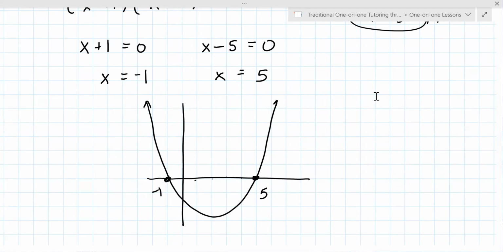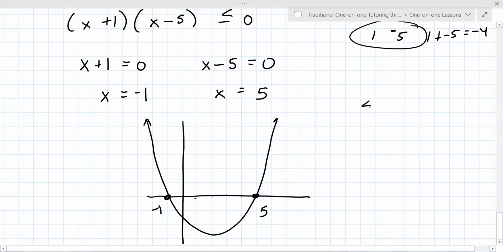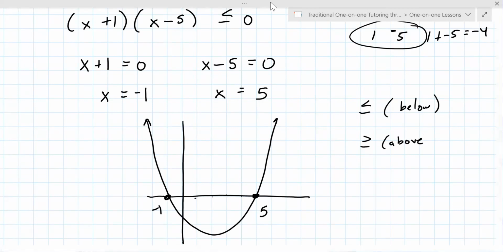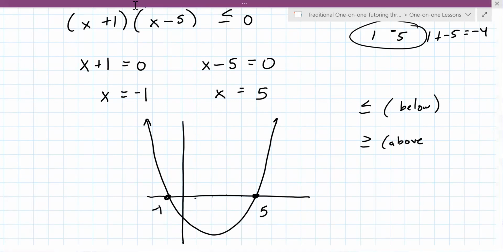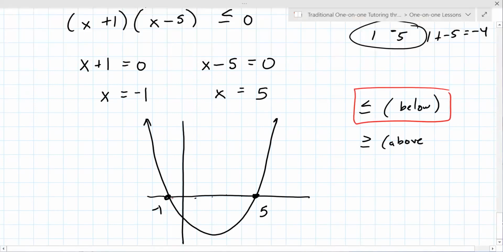So now, do we want the below or above? For less than or equal to, we want below. For greater than or equal to, we want above. So in your problem, you want the below because it's less than or equal to. You want below, which is all of this region below here.